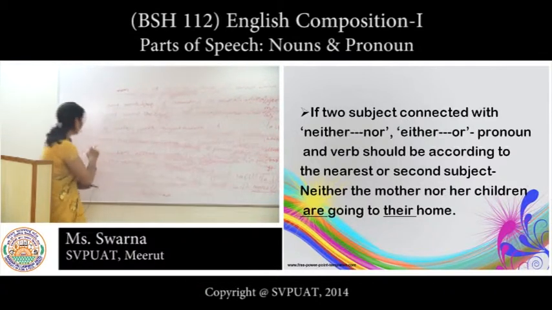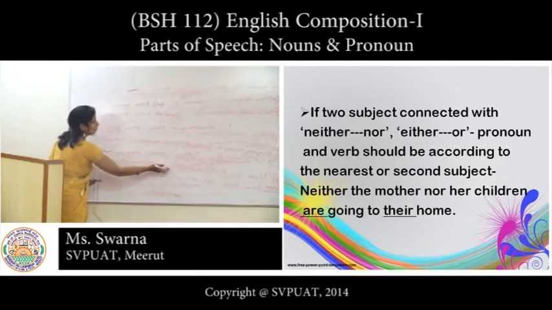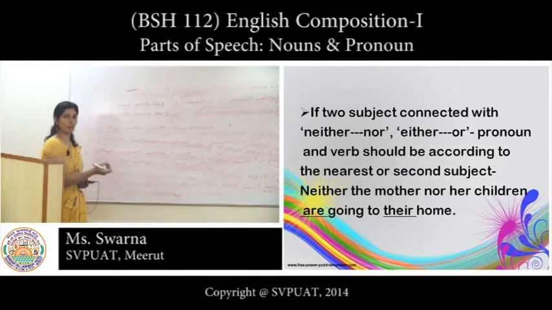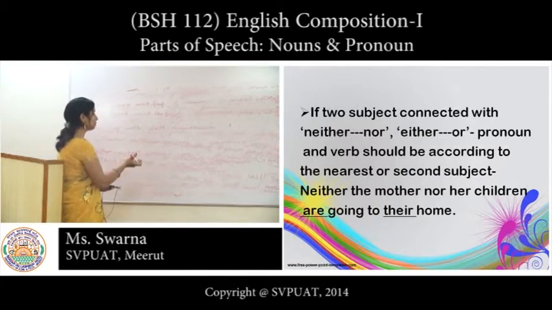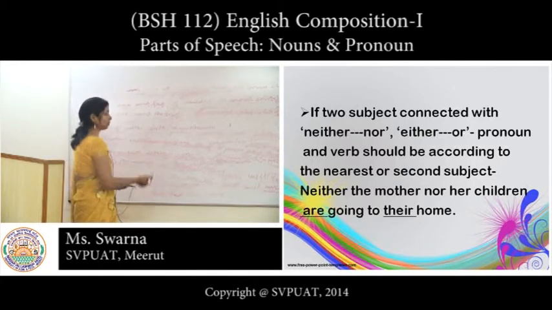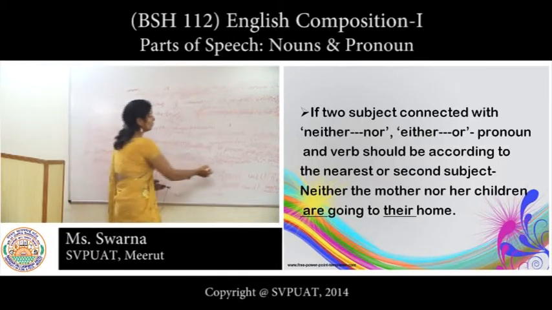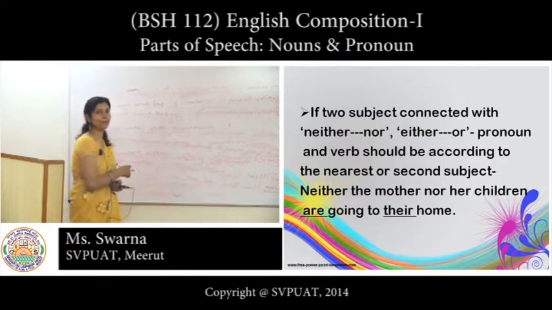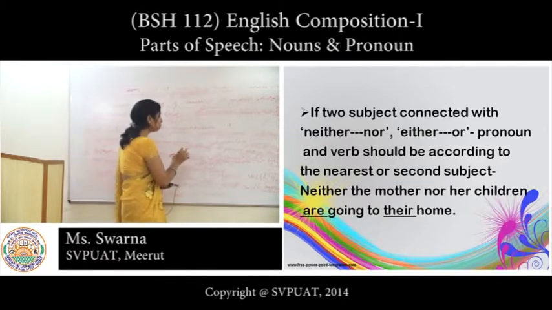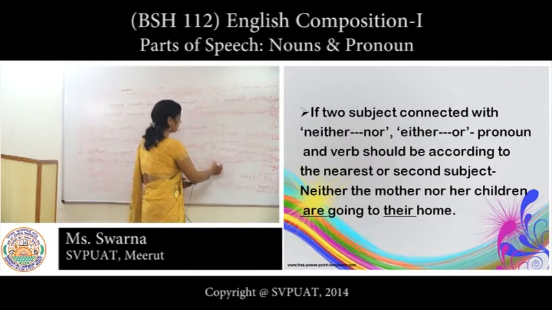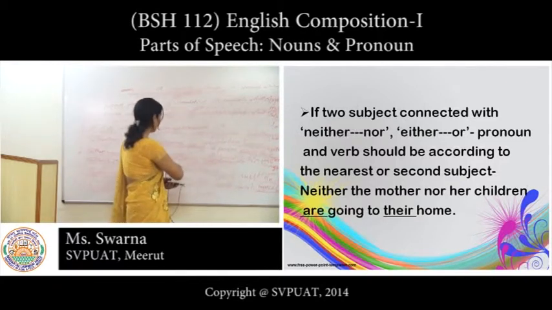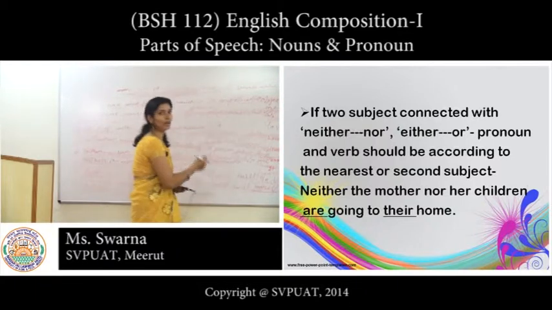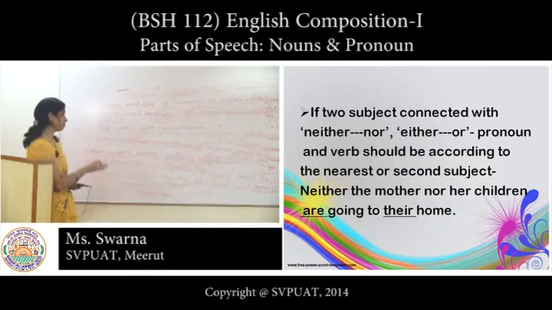Because we have connected the words mother and her children with neither nor. If we connect the subjects with neither nor or either or, we will use the verb according to the second subject. Children are many, not one. Children are a plural subject, so we will use are, a plural verb, according to the second subject, and their, a plural pronoun, according to the second subject.